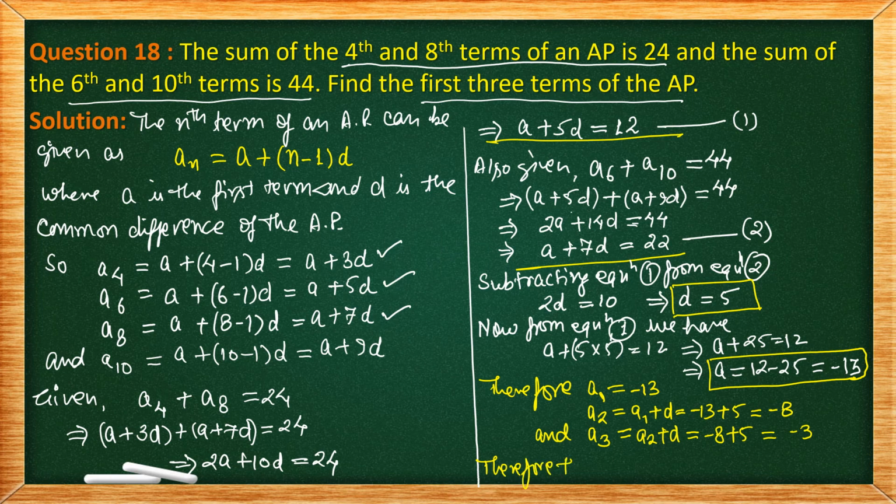Therefore the first 3 terms are minus 13, minus 8 and minus 3. So this was the solution of question 18. Thank you and have a nice day.